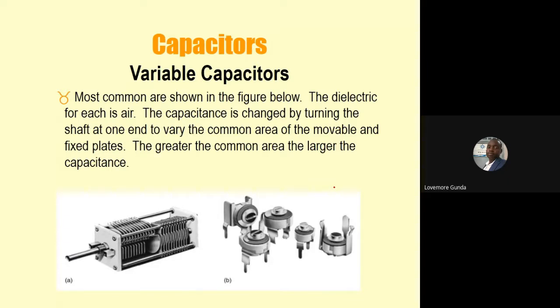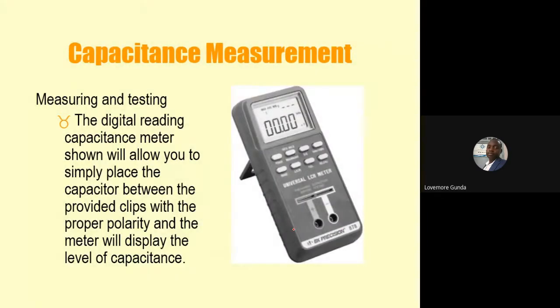So you can be turning these knobs, and then you'll be changing the capacitance. These are used when you are designing a circuit and you are not sure which value is exactly required, so we use that and adjust in the circuit.